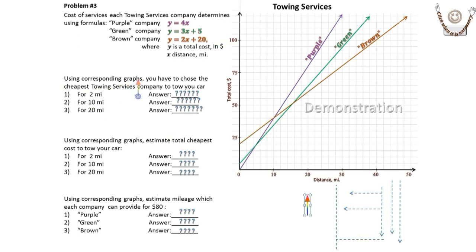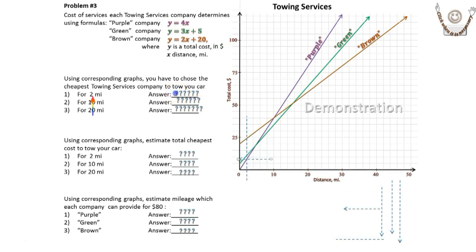Using corresponding graphs, you have to choose the cheapest towing company to tow your car for 2 miles. Okay, for 2 miles, let's mark distance 2 miles and let's look which company would be the cheapest. It's clear it's not brown, it's not green, it's purple.